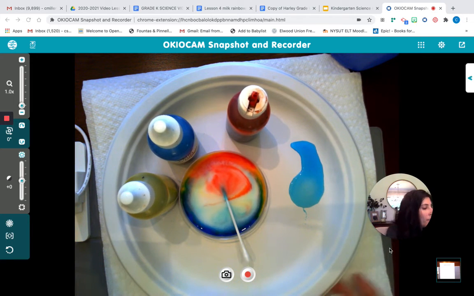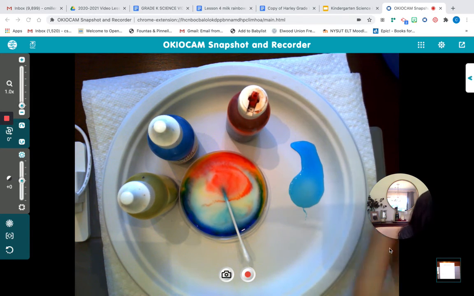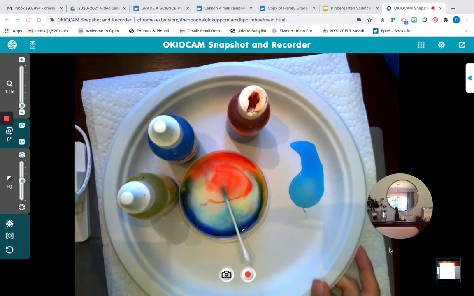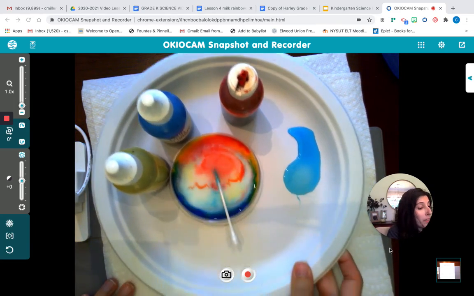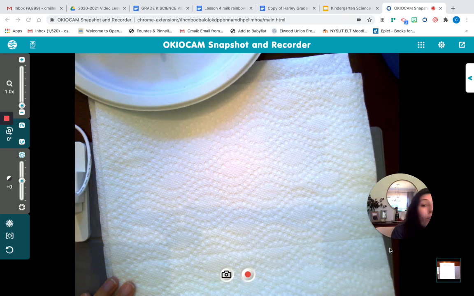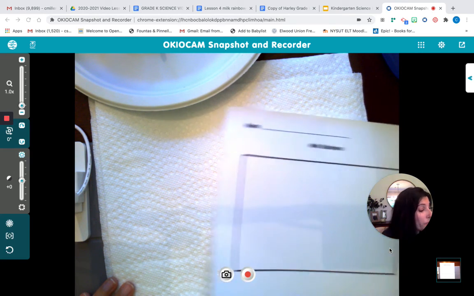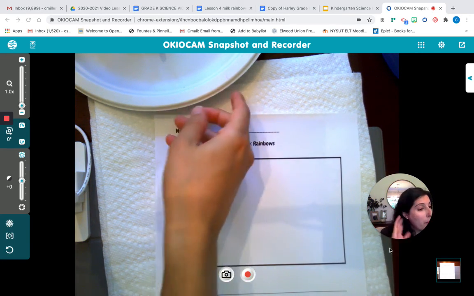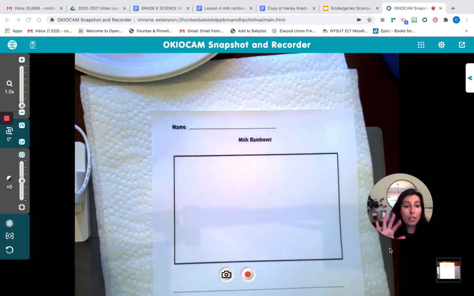Now, I'm going to carefully move this. And we're going to do something really important that scientists do. We're going to record our observations. Remember how we learned that scientists use their hands to write down what they have learned?